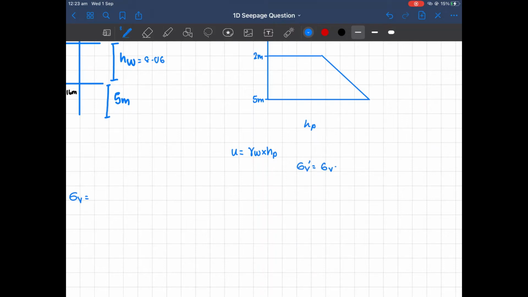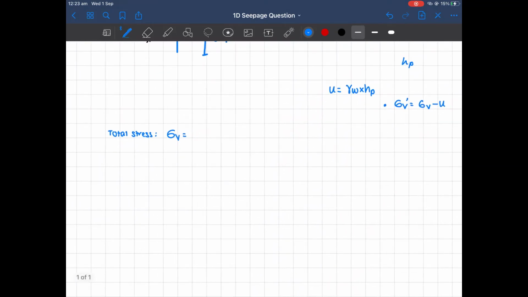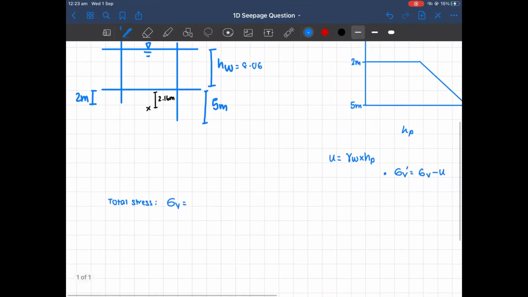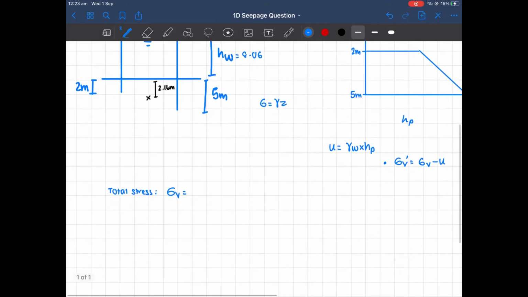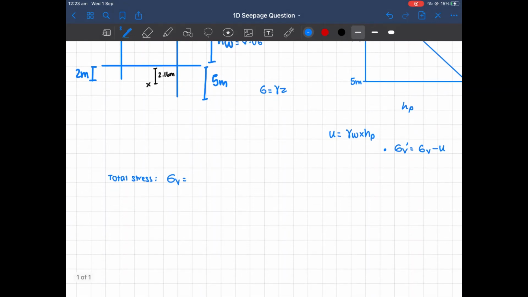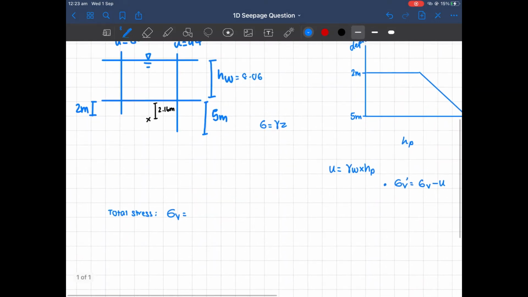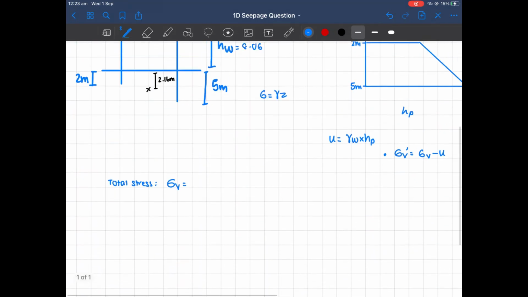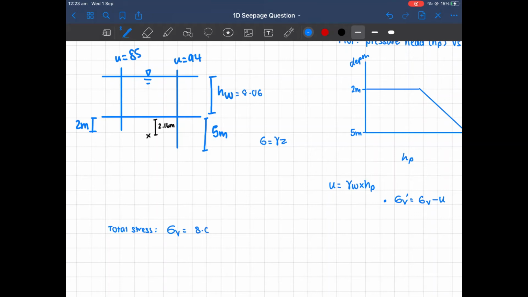Now, our total stress, we know that we use gamma Z. So we're going to use the depth that we found from the previous question, times the gamma, which, since it's just water for that layer, will be 9.8.